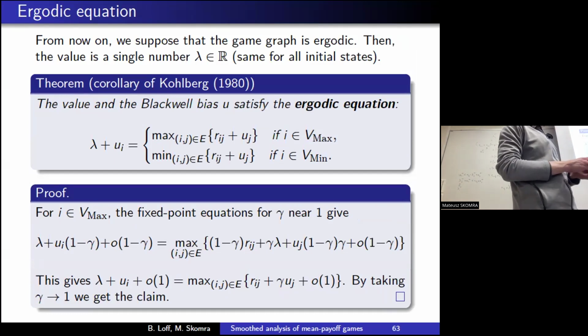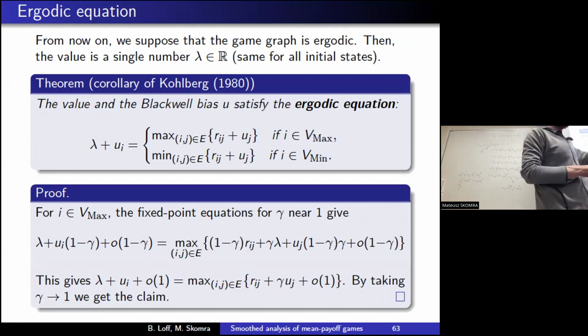Now we say you can do the same in the mean-payoff case by looking at this ergodic equation. If you have a solution to the ergodic equation, where the solution is the value plus the bias, and a player follows maxima or minima in this ergodic equation, then their policy is optimal.